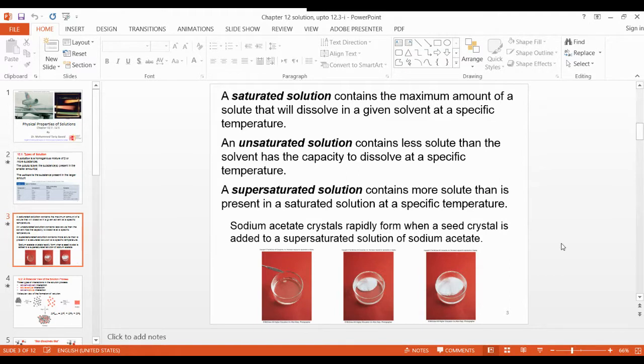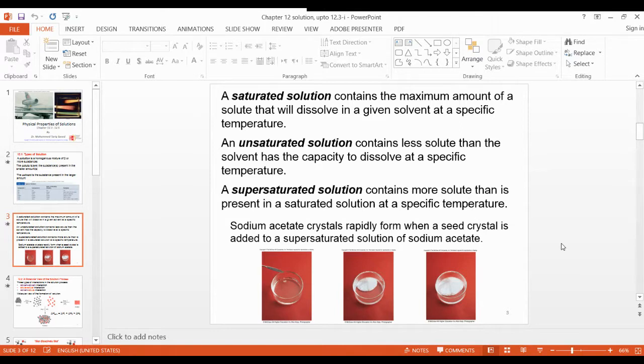And when the temperature decreases, what happens? You add some extra crystal of sodium acetate. Now it starts to make pure crystal from this crude substance. That crystal you can filter out. So that is known as a supersaturated solution.